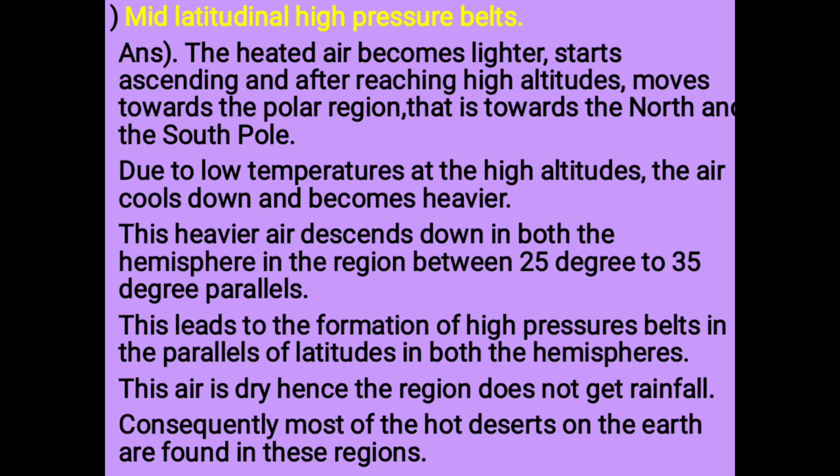This heavier air descends down in both the hemispheres in the region between 25 degree to 35 degree parallels. This leads to the formation of high pressure belts in the parallels of latitudes in both the hemispheres. This air is dry, hence the region does not get rainfall. Consequently, most of the hot deserts on the earth are found in these regions.